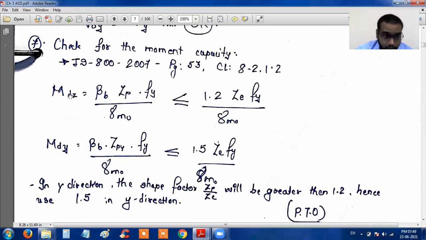Okay, Mdz should be less than or equal to 1.2 Ze Fy upon gamma m0. We will consider the value of gamma m0 as 1.10, and Fy is the yield stress. In the example, the yield stress is given, and Ze we will calculate as the elastic section modulus.